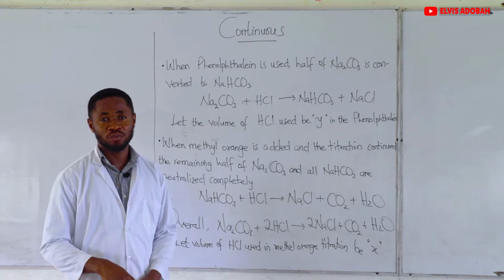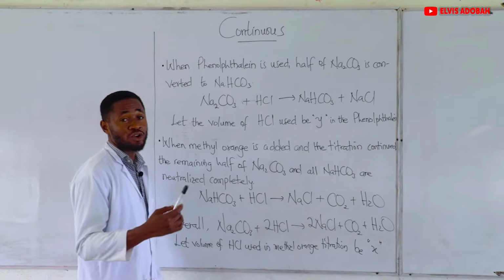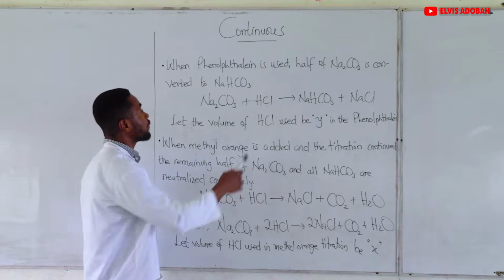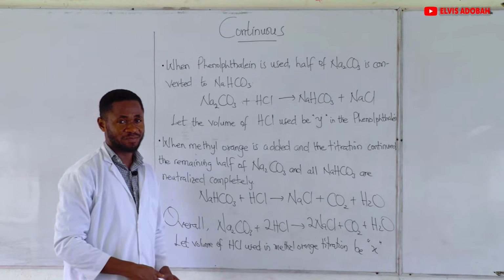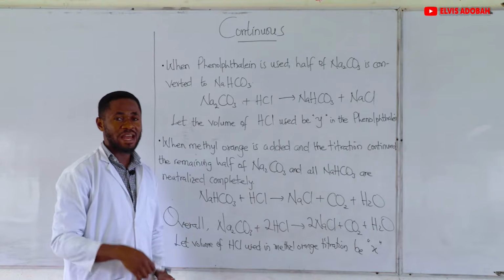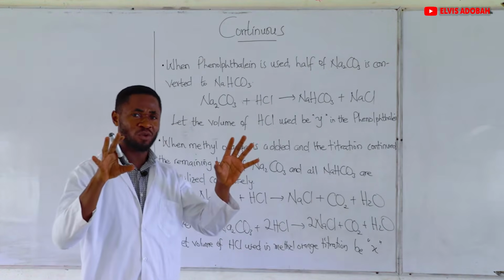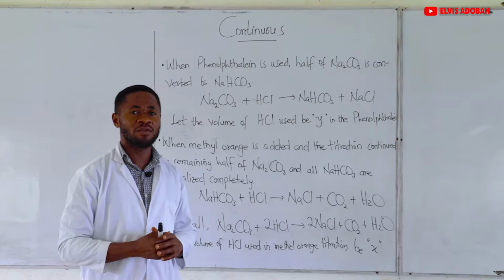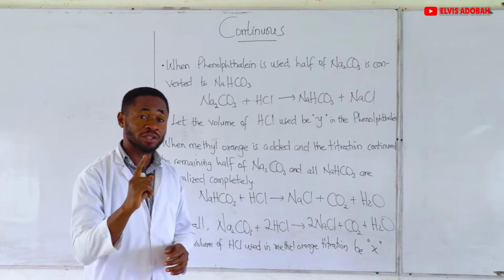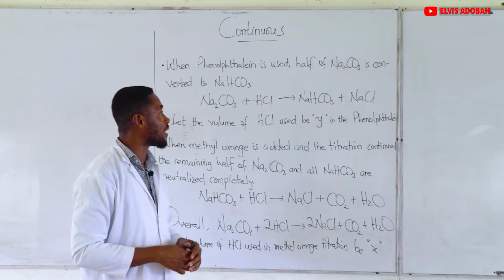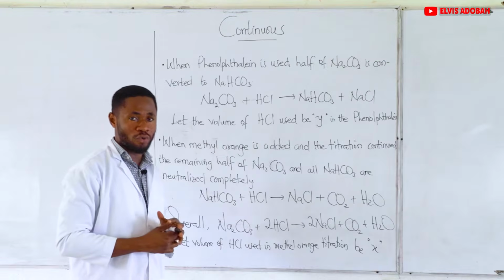In this video, we want to focus on performing calculations involved in continuous double indicator titration. In our previous video, we developed two tables for every double indicator titration. In the continuous table, we have a table for phenolphthalein and one for methyl orange.